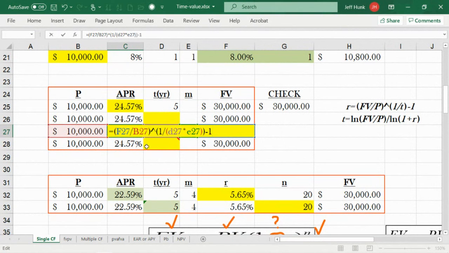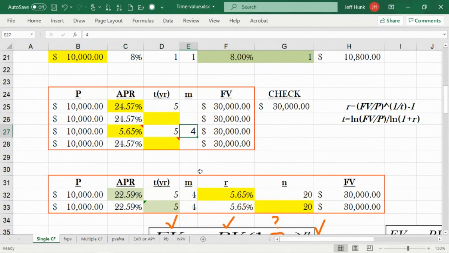Okay, and then there you go. Then it will give you exactly this. In other words, why? Because I gave it N. T is not N when M is greater than 1.